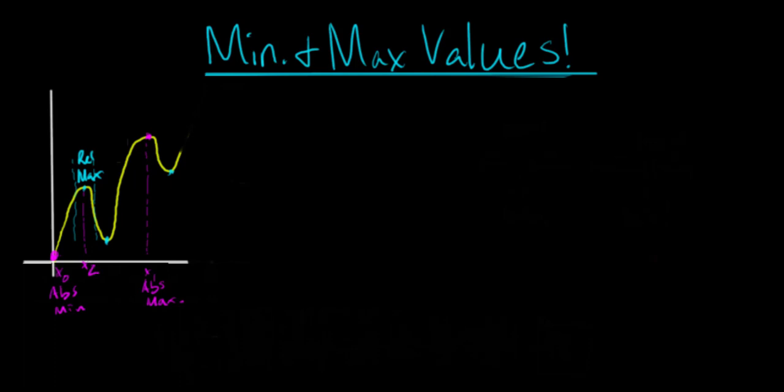And so we have x2, and on some interval that we've closed in, we have our value f of x2. We'll just call the interval from a to b. On that interval from a to b, our x2 has a greater value than any other x. So that is going to be our relative maximum.